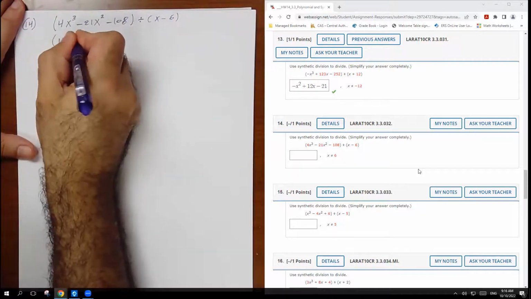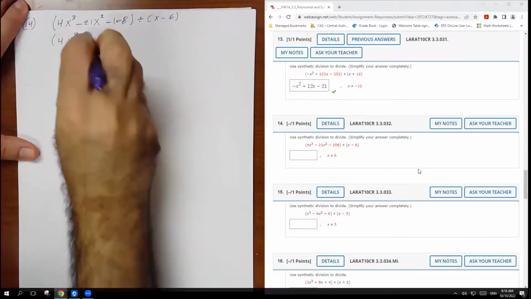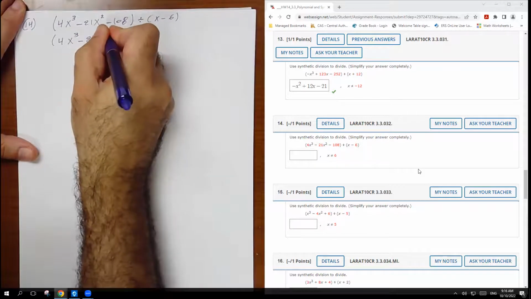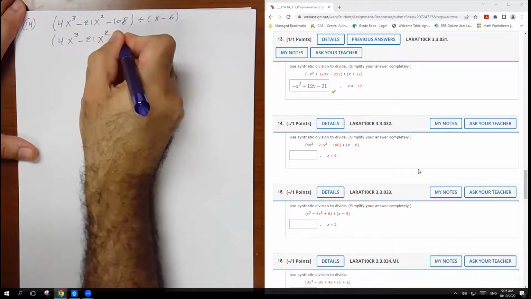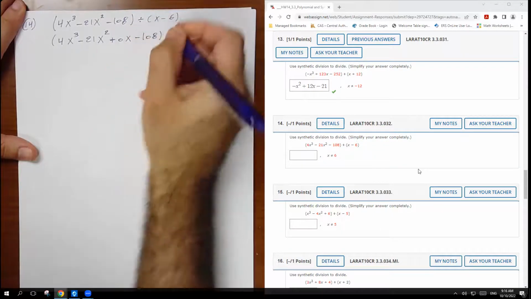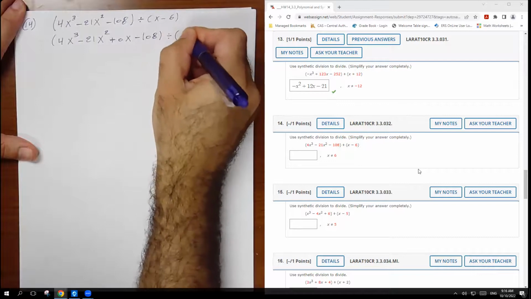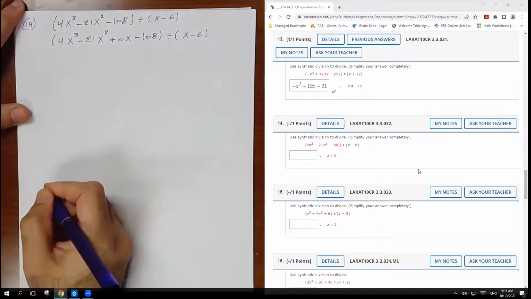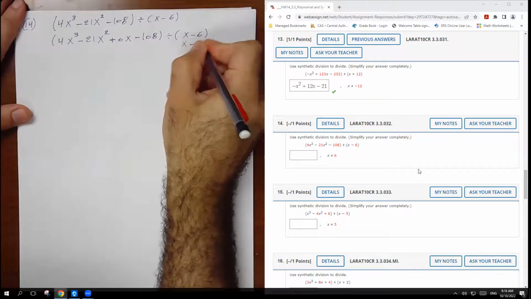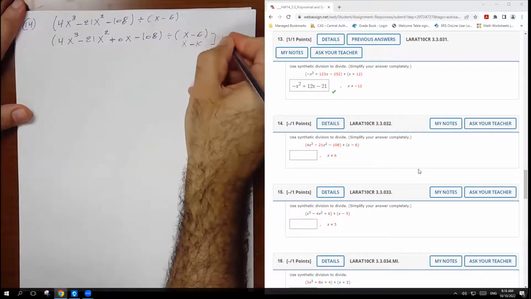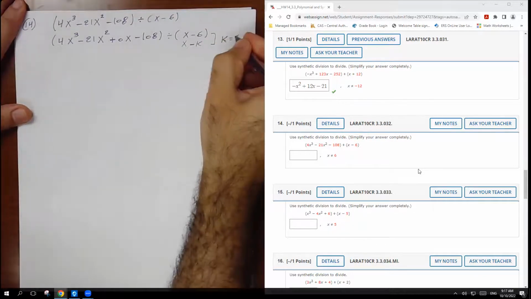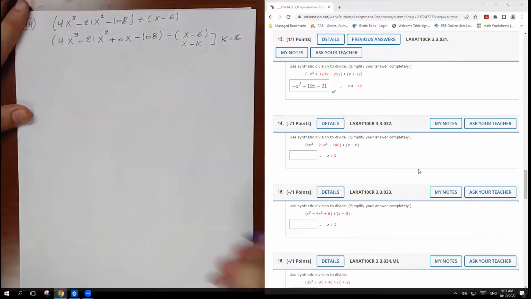So it's going to be 4x cubed minus 21x squared plus 0x minus 108, and everything is divided by x minus 6. x minus k, that means k equals 6.